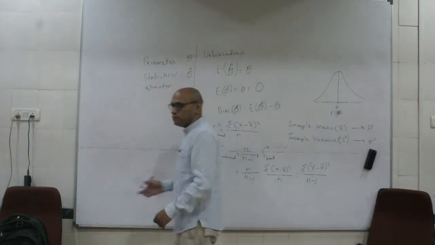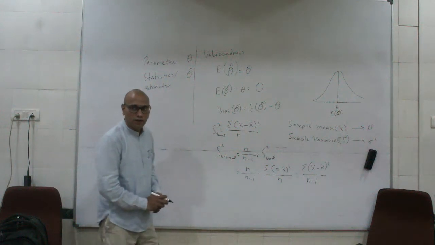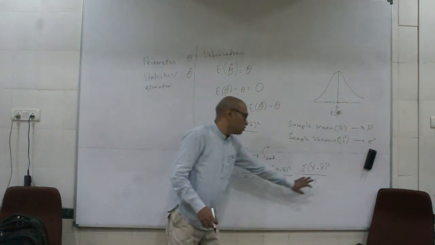These two n would cancel, and so what remains in the denominator is n minus 1.